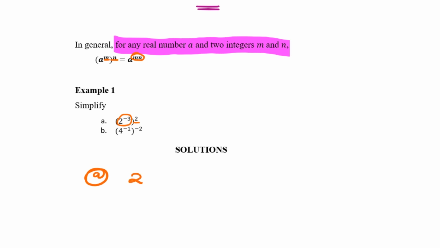We'll have 2 to the power negative 3, bracket squared. This is the same as 2, where the powers multiply: negative 3 times 2.